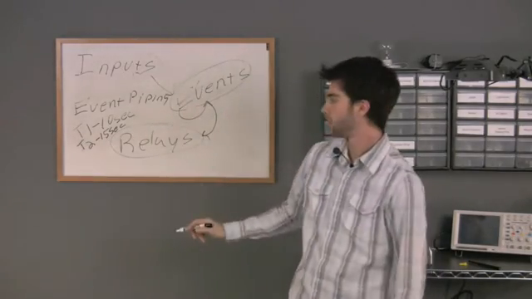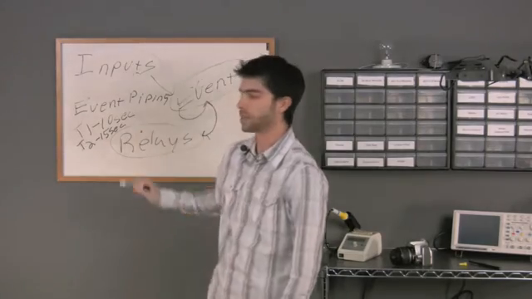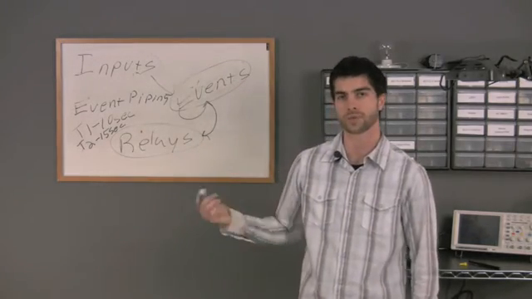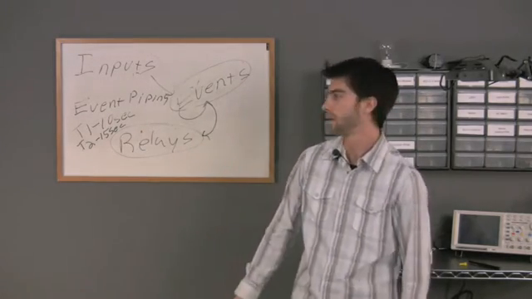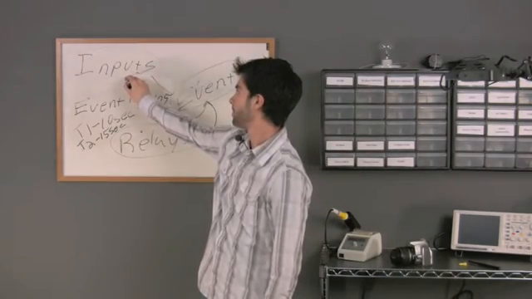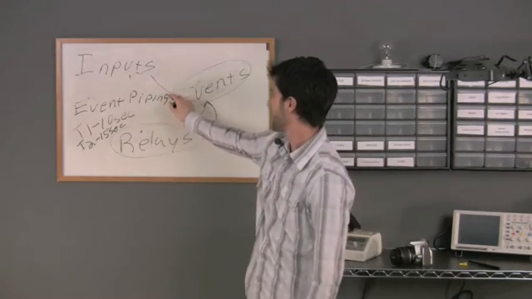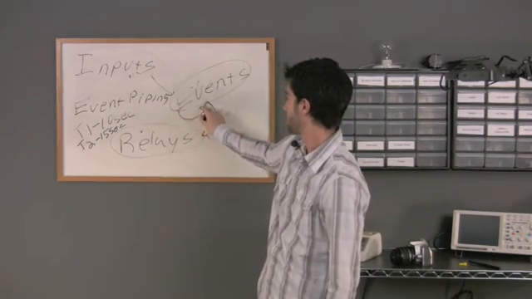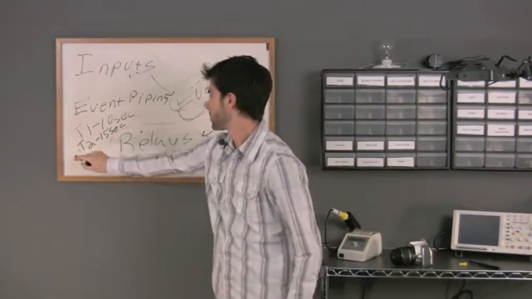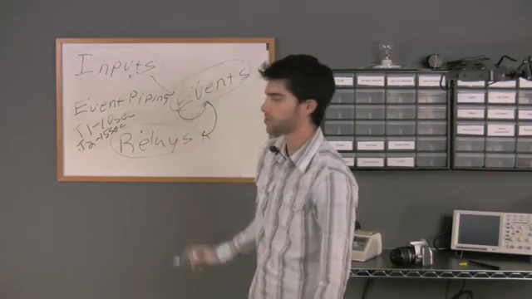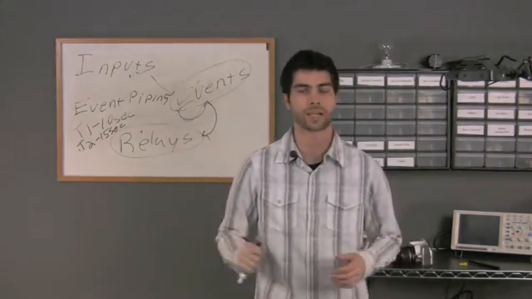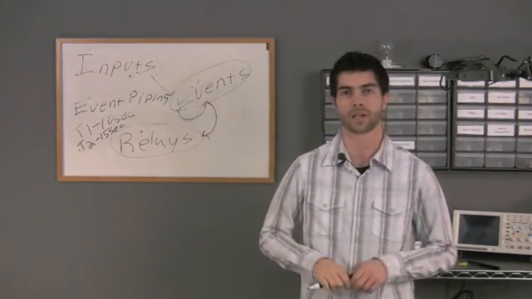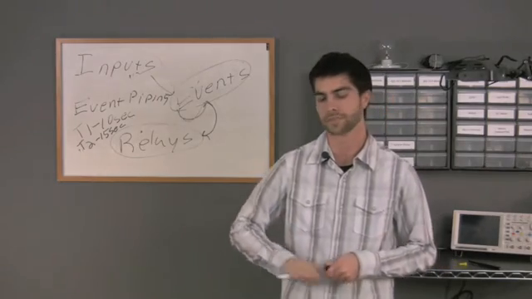Timer 2 turns on a relay, and once it goes off, the relay goes off. So what's happened is I pushed a button, my input, I triggered an event, timer 1, that event triggered the next event, timer 2, and timer 2 triggers the relay. So basically, I just got a time delay relay that comes on for 15 seconds.